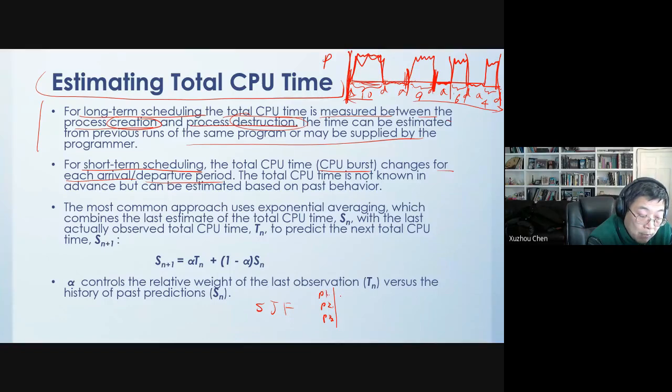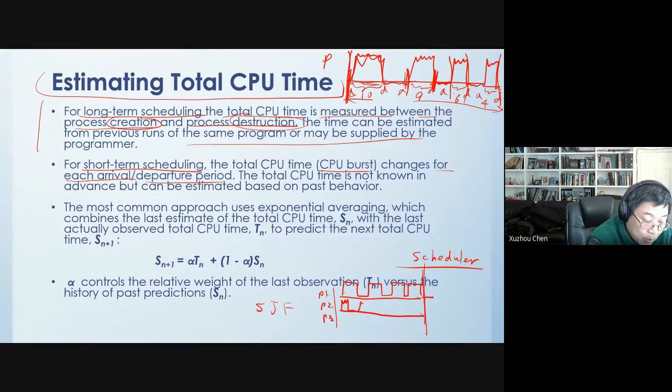For example, for process 1, the CPU burst is like this. And then at this moment, the scheduler is kicking in to pick the next process. Process 2 has this kind of CPU burst, and process 3 is like this. Now it's time to pick P1, P2 or P3. What do you think?